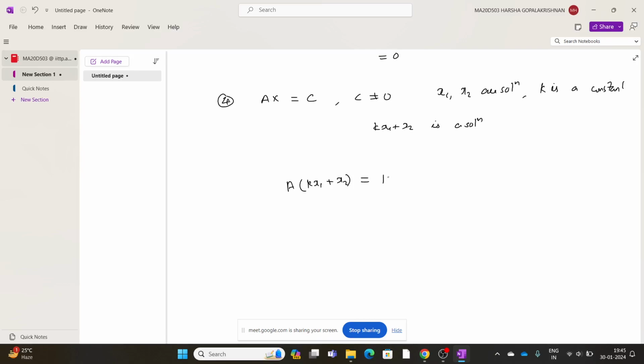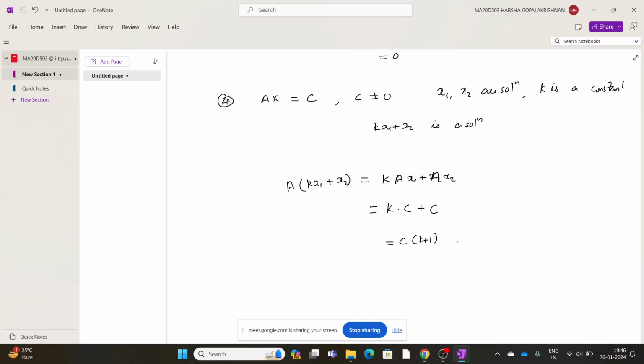As I already told, we can split it as k into Ax1 plus Ax2. Ax1 equal to c, because x1 is a solution of Ax equal to c, and x2 is also a solution, so Ax2 equal to c. So we are getting k into c plus 1 into c.